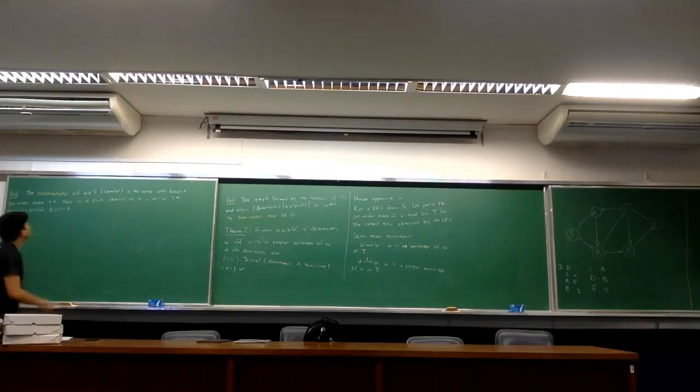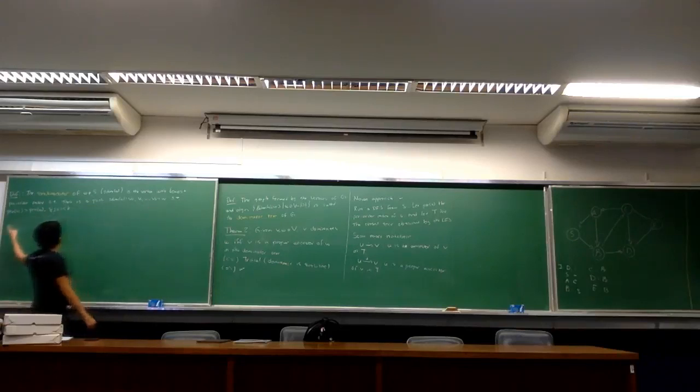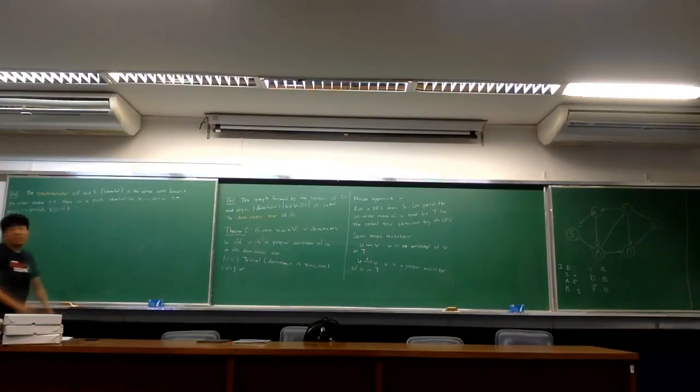This is a confusing definition. So what is a semi-dominator of a vertex? It's the vertex with the lowest pre-order index such that there is a path from it to W, such that the intermediate vertices all have pre-order index greater than the pre-order of W. Okay. The path is in the original graph. Good question. Yes, it's in G.